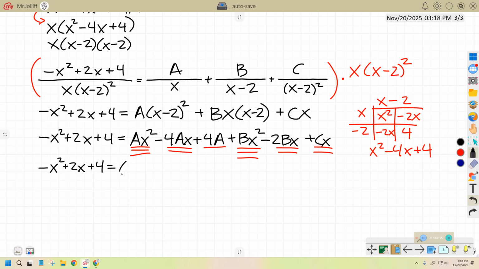The x squareds, I have an a plus a b. For the x's, I'm looking at the coefficients in front of the x's. Going from left to right, I see a minus 4ax. I see a minus 2bx and a plus cx.